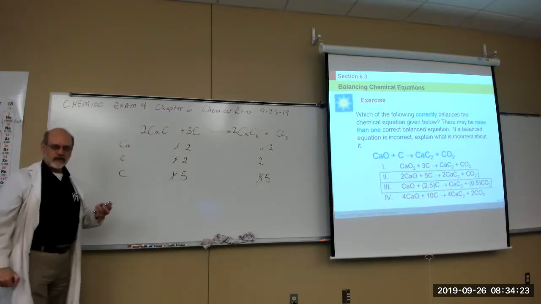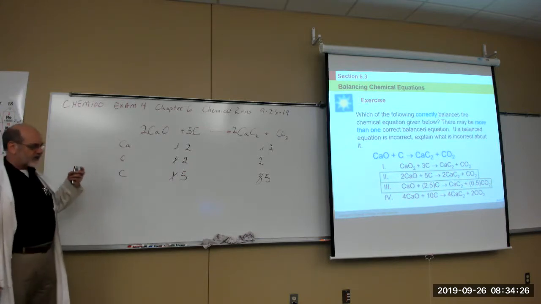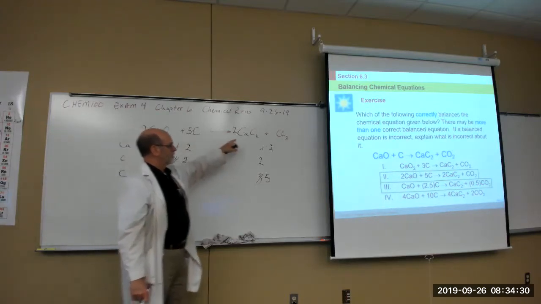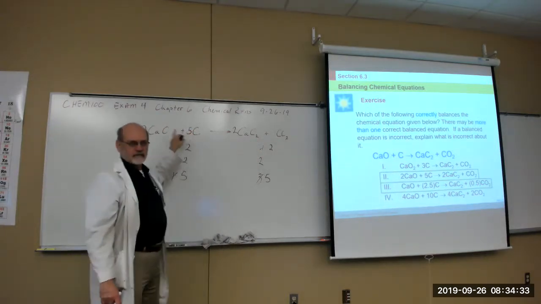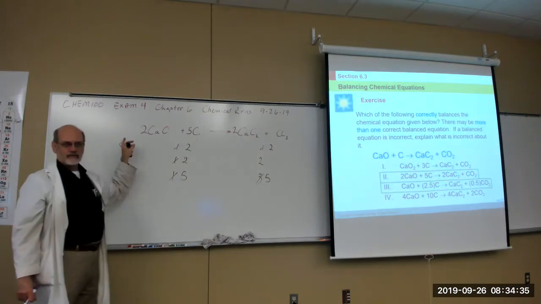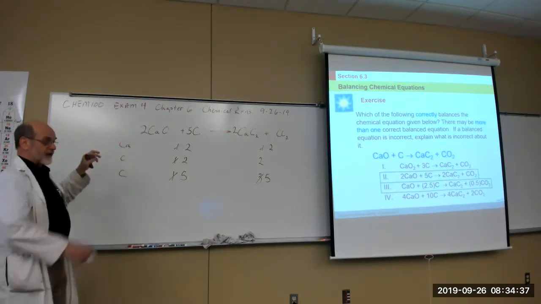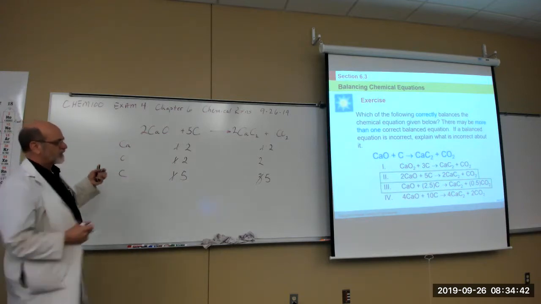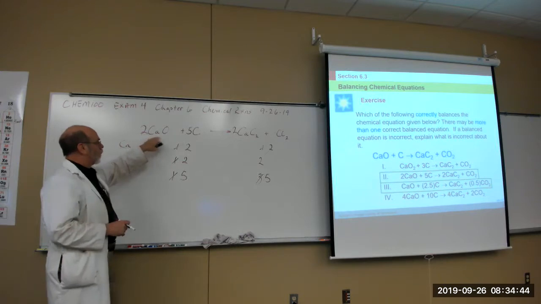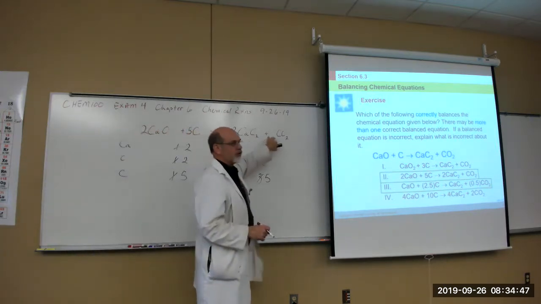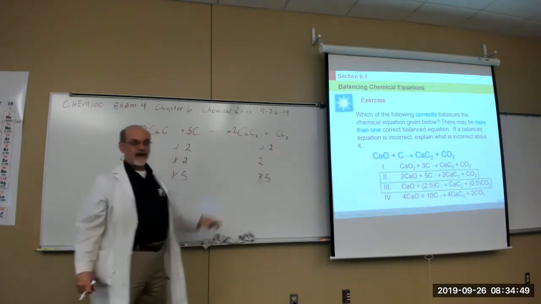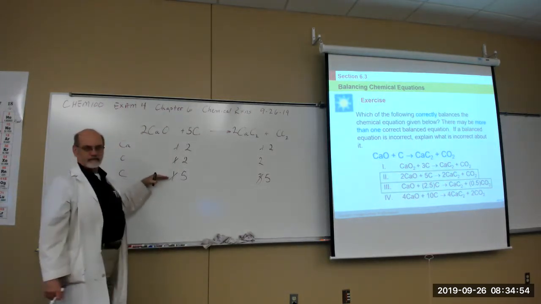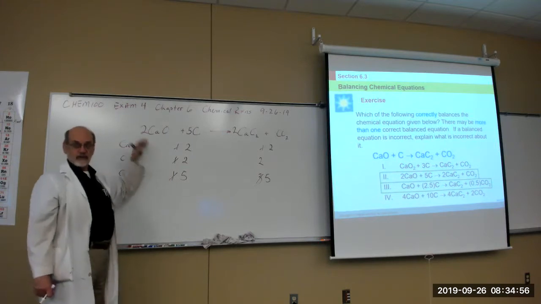The reason you look at that is the accepted convention is you want the smallest whole number coefficients for your entire equation. That is to say, technically speaking, 4, 10, 4, and 2 would also be balanced. It would just make this one 4, that one 4, and this one 10, if you doubled them all.